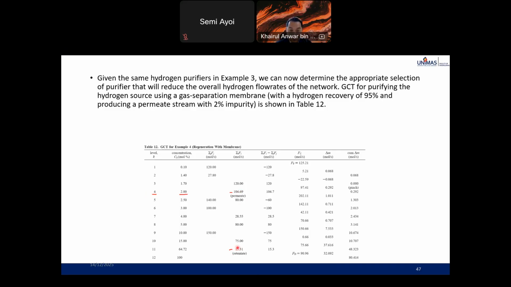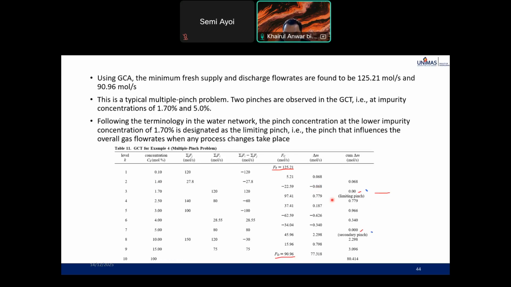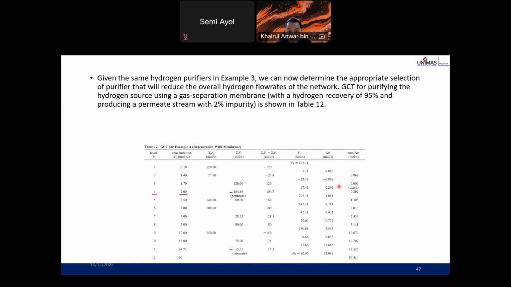For these two streams, I'm not sure which one, because we know the pinch. 27.41 per second. But based on this table, we add up these two. It's actually 120.